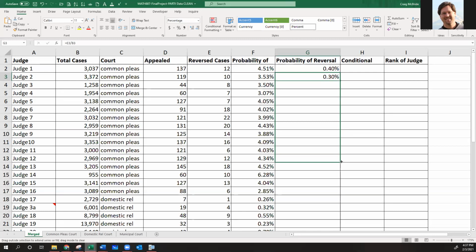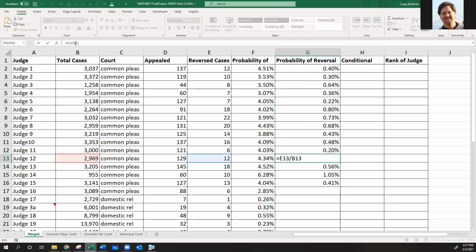It recognizes that you want Excel to take the reversals divided by total cases, and since those numbers are in the same place everywhere in the 2 columns, it can continue that. So you just drag it down for the whole list, and once you release, it redoes that. For instance, if I click here, we can see that it took that cell divided by that cell, which is exactly what we want.